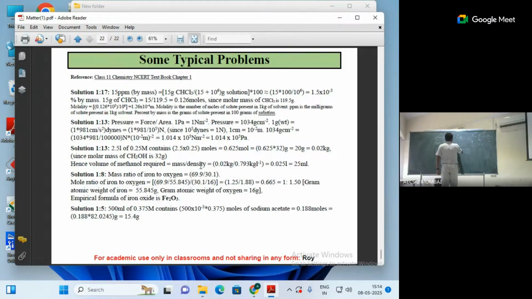The density of the solution is given as 1.02 gram per centimeter cube. Atomic masses: hydrogen is 1, oxygen 16, and sulfur 32.